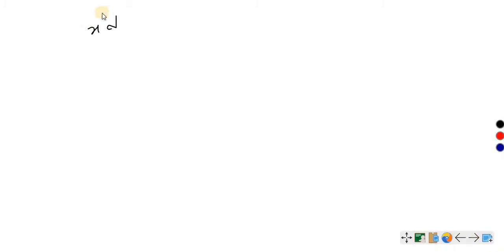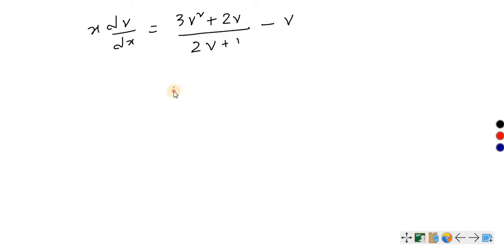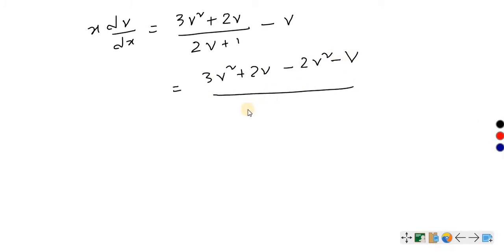Now we can write dv by dx is equals to 3v square plus 2v divided by 2v plus 1 minus v. So if you simplify it, you will be getting 3v square plus 2v minus 2v square minus v divided by 2v plus 1.